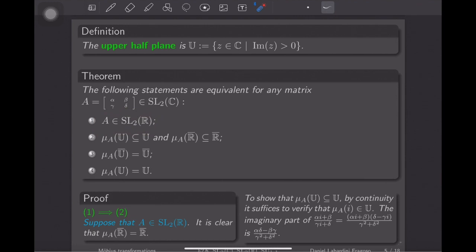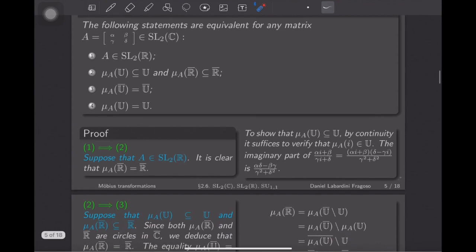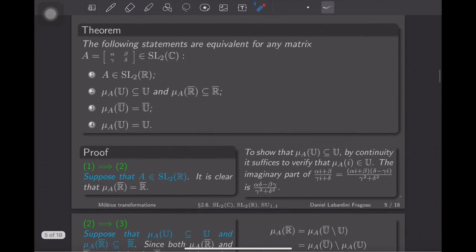That's the main point. And then these are just auxiliary steps into proving that it's equivalent for a matrix to be in SL2R and for its Möbius transformation to leave the upper half plane bijectively invariant. So let's prove this theorem.